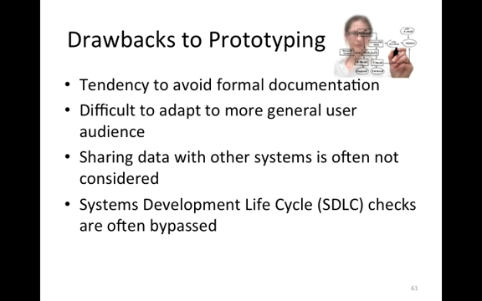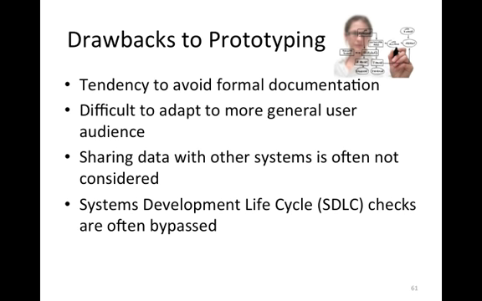The problem is that you don't really get formal documentation. If a developer, users, and the analysts are sitting together throwing around ideas and developing new systems, things change really quickly, and you don't come up with a document that people can use to say, we added this function on this date, and it was really useful to have that.